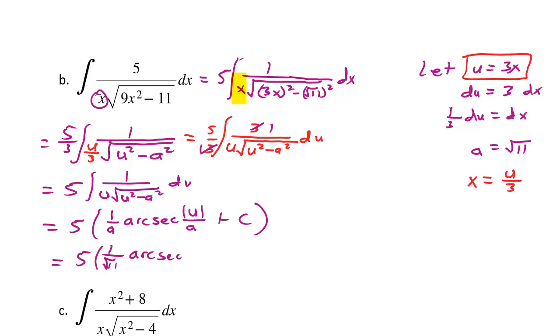U we said was 3x, so absolute value of 3x over root 11, and then plus c. And you can distribute the 5, so you could write it as 5 over root 11 arcsecant of absolute value of 3x over root 11 plus c.